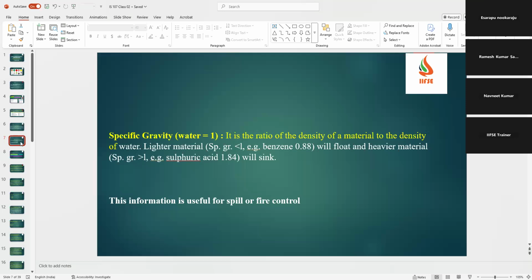How is this information useful for spill or fire control? Any guess? Any relation between fire control and specific gravity? What happened?